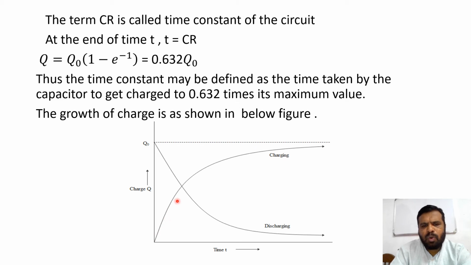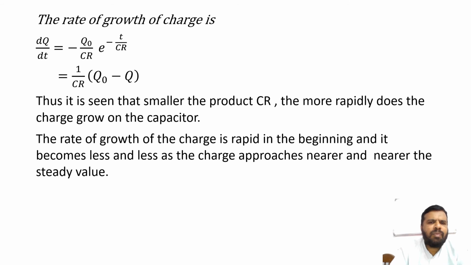It is the growth of charge of the capacitor, and this is the decay or discharging of the capacitor. The rate of growth of charge is dq divided by dt is equal to minus of q₀ divided by CR into e raised to minus t divided by CR, or this is equal to 1 divided by CR into bracket q₀ minus q.